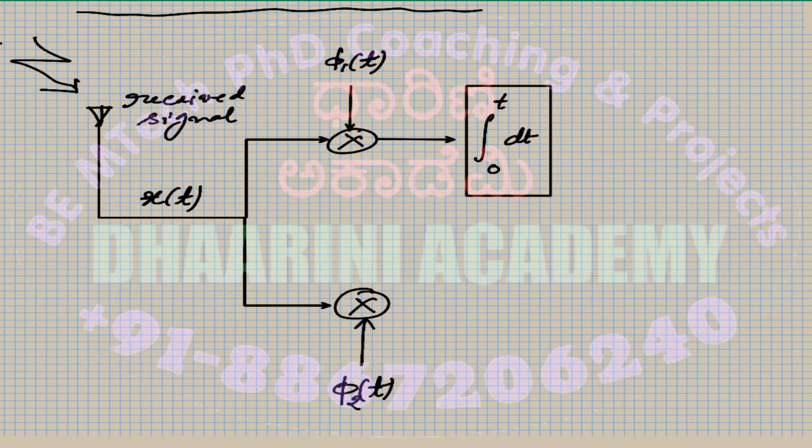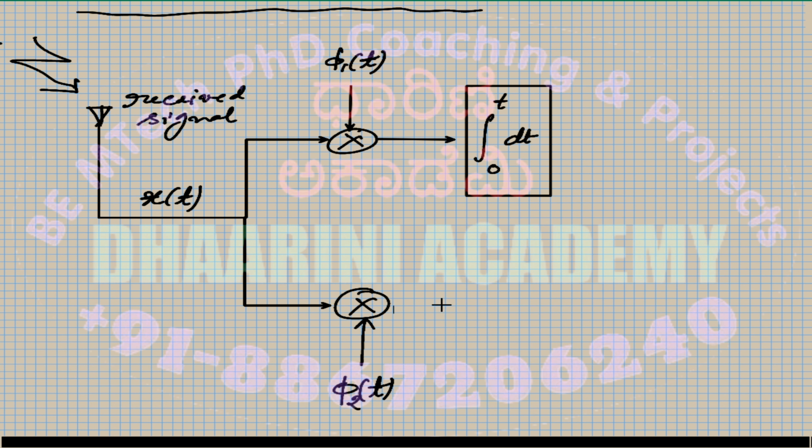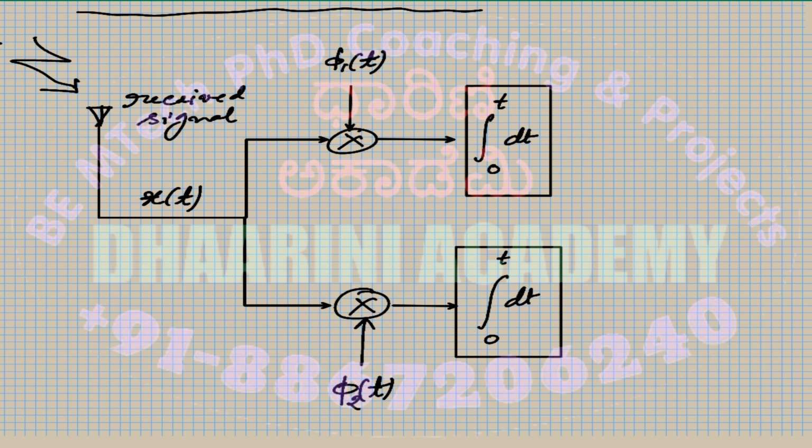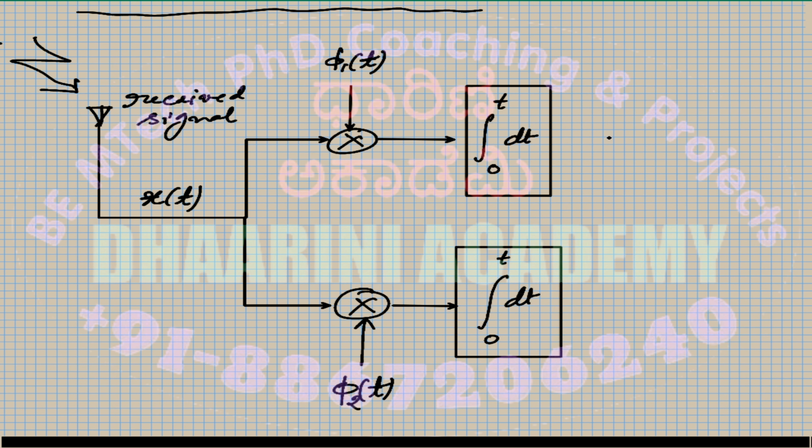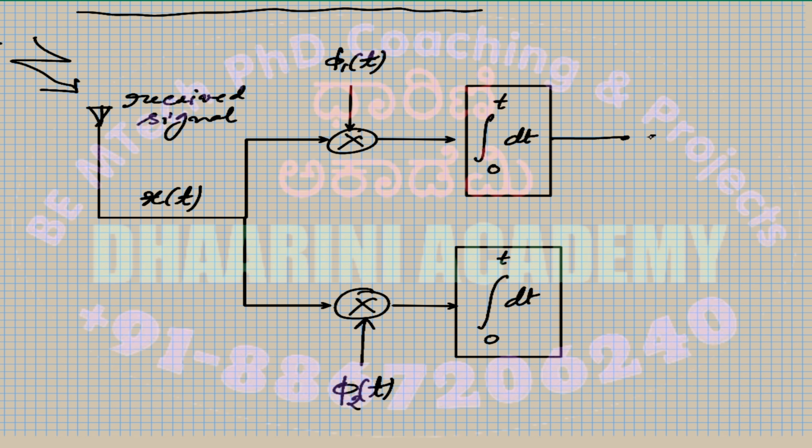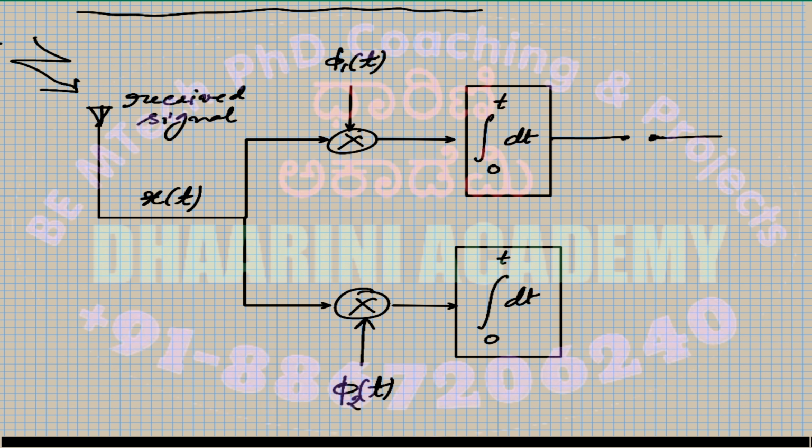The same thing we are going to use here, integral 0 to T dt. Once you do that, then we have to use a sampler circuit. We'll sample this at every t equal to T.